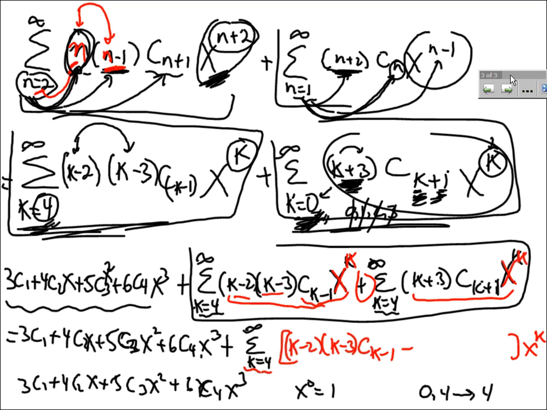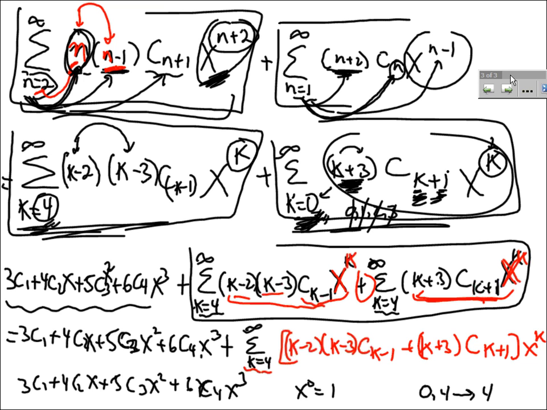Plus this stuff without the x to the k because I factored it out. k plus 3 times c sub k plus 1. And that is what you get when you add this to that.